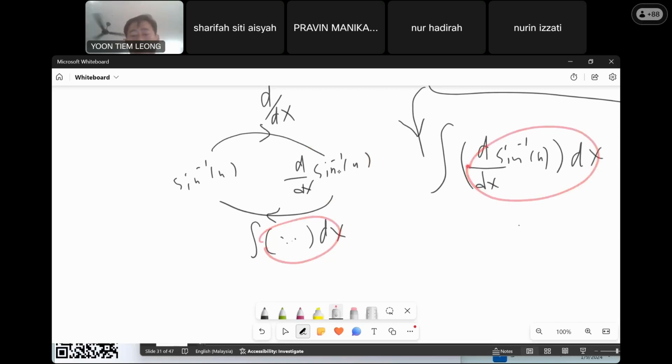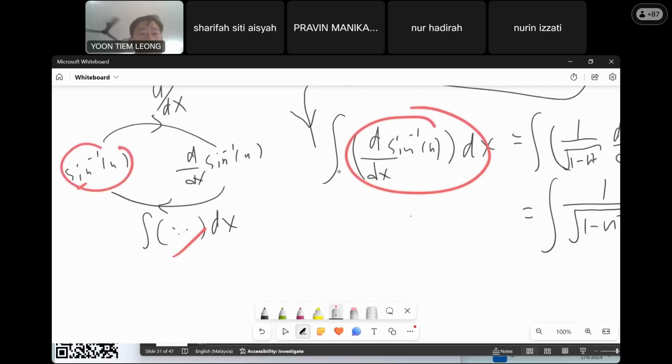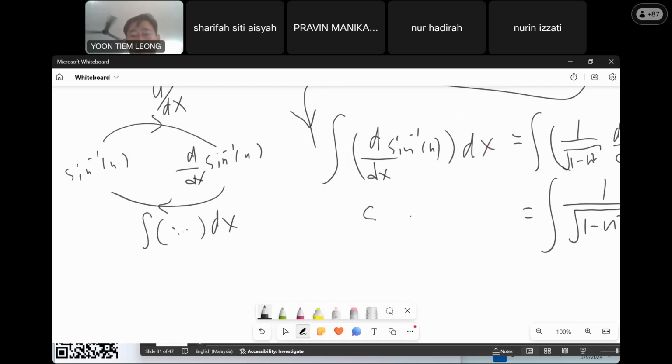So this is a process where you take d/dx of arcsine of u, slot it into the indefinite integration, and finally you end up with arcsine of u. So by understanding this to be a cyclic operation of going from arcsine of u to d/dx of arcsine of u and then integrating it back, this whole thing is nothing but just arcsine of u.